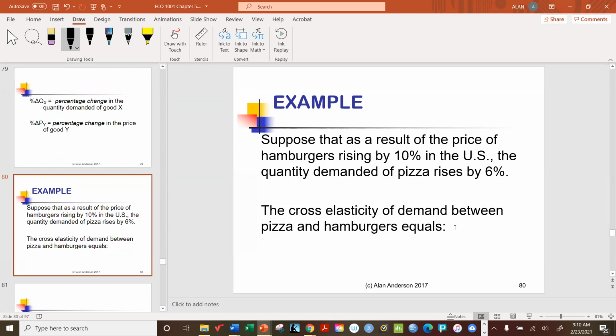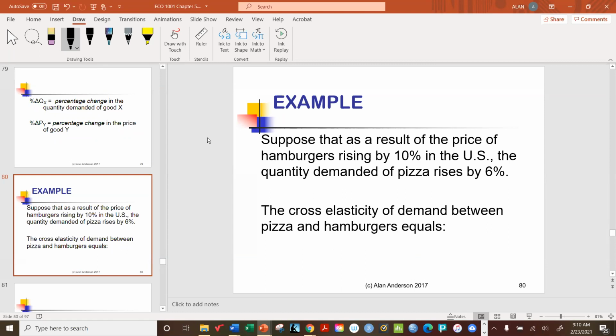Of course, because hamburgers, pizza, they're both potential options, let's say, for lunch. Let's say you've got a half an hour to eat, and you go into a mall, and you're like, well, what do I have today? Should I have burgers or should I have pizza? Oh, look what happened. The burgers went up in price by 10%. I'm going to say to myself, maybe today I'll switch to the pizza.